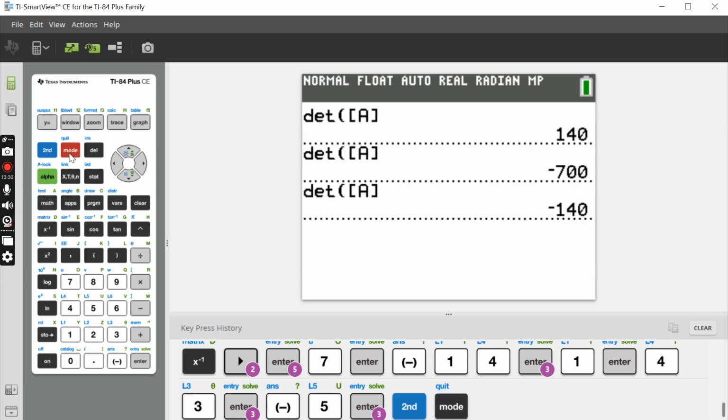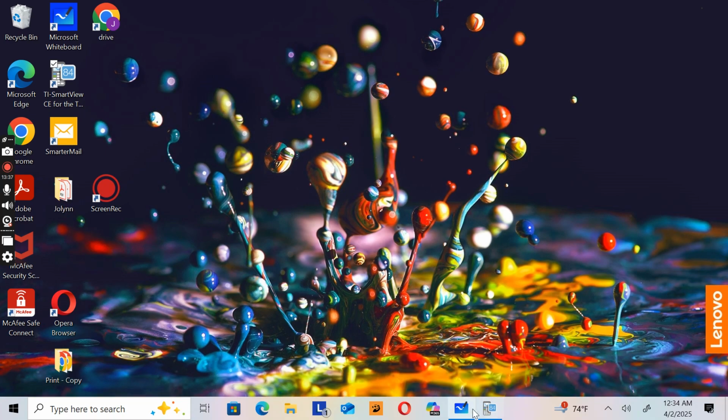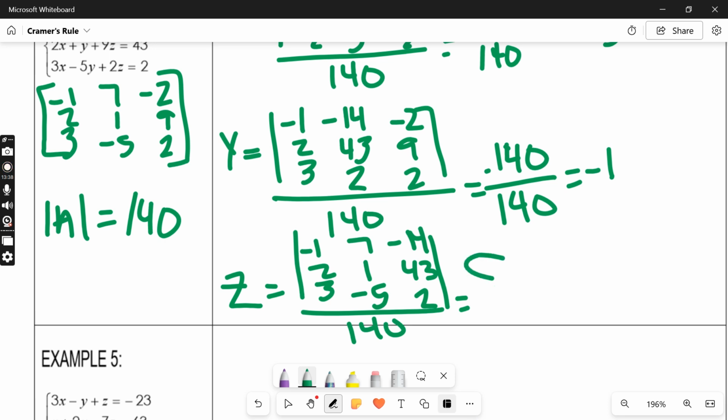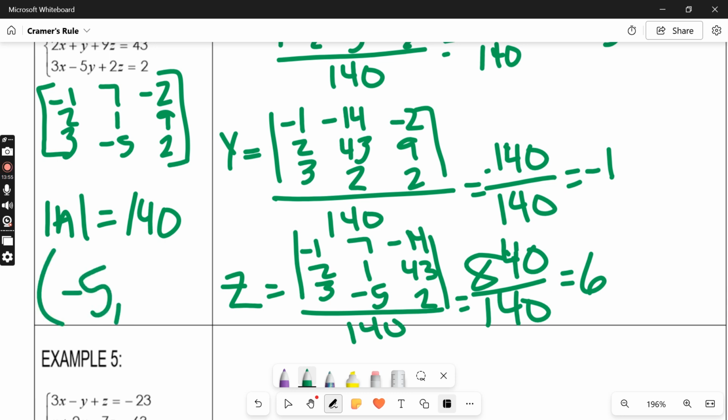Second quit, 840. Okay, so this will be 840 divided by 140, which is 6. So my overall answer for this is negative 5, 1, 6.